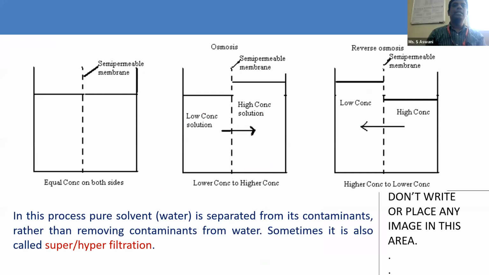Please look at the first figure: equal concentration on both sides. If equal concentration is present on both sides, nothing happens. The solution having ions cannot exchange from one side to the other. When we use a semi-permeable membrane, only then do we see the osmosis process.